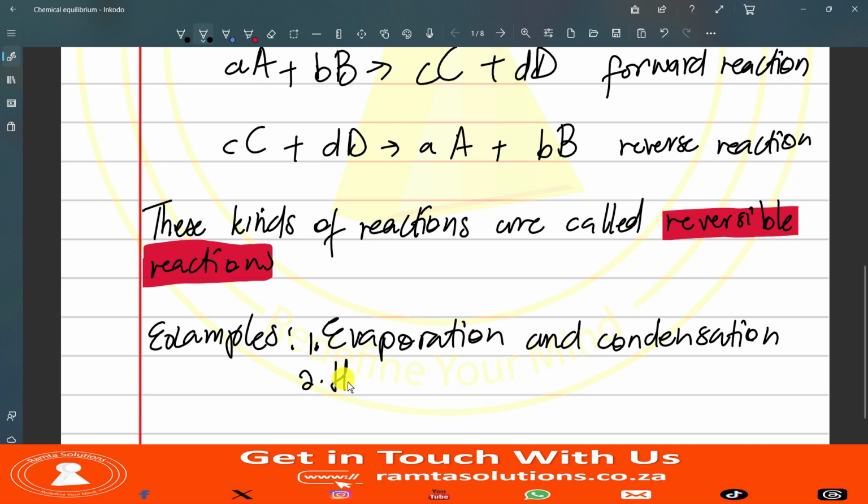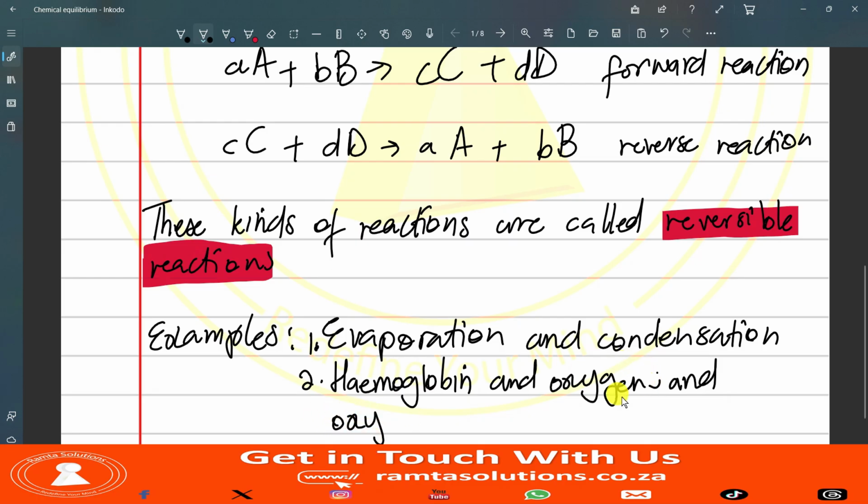Let's talk hemoglobin and oxygen, and oxyhemoglobin. So these are the examples of reversible reactions that we know naturally.